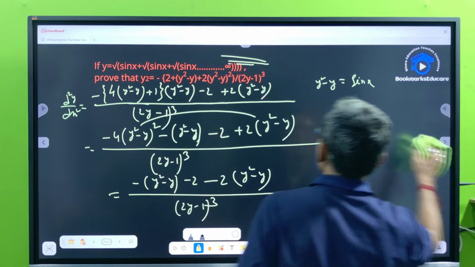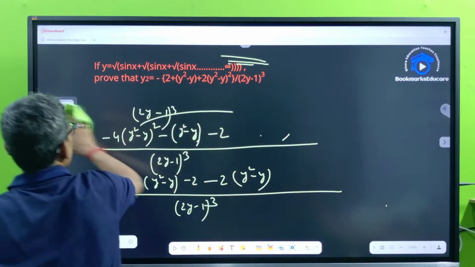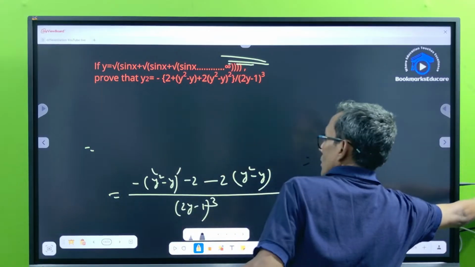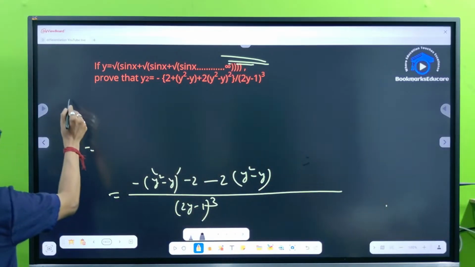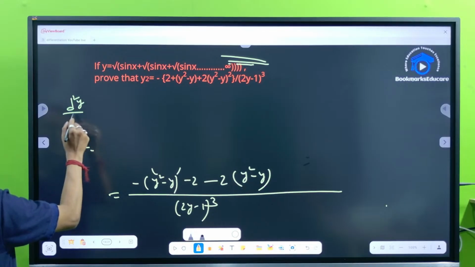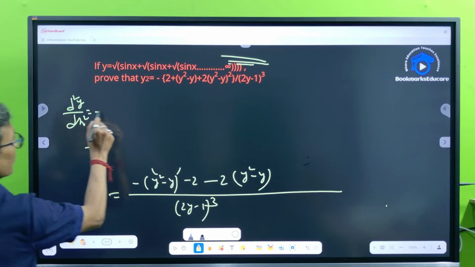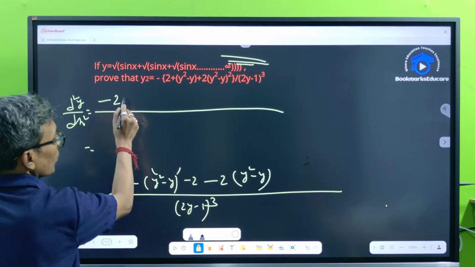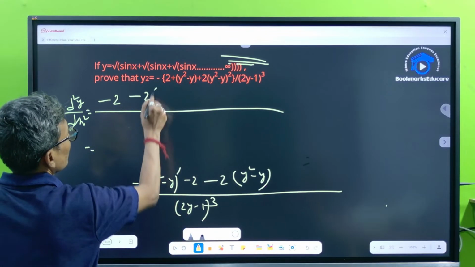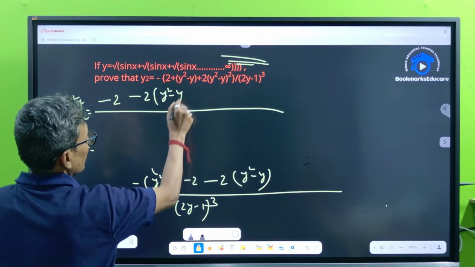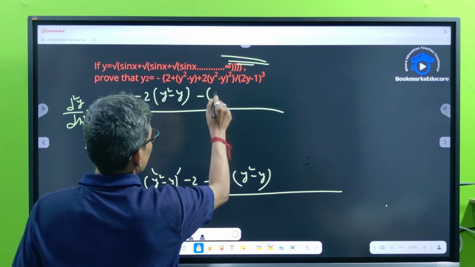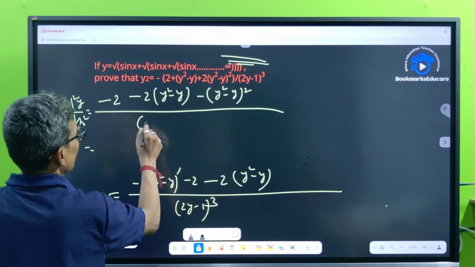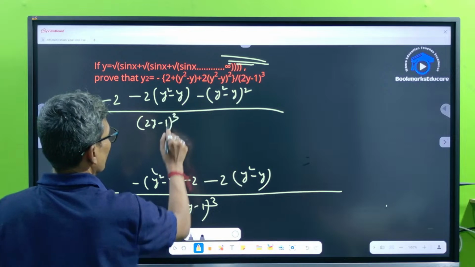So d2y by dx2 is equal to minus 2 minus 2y square minus y minus y square minus y whole square by 2y minus 1 whole cube.